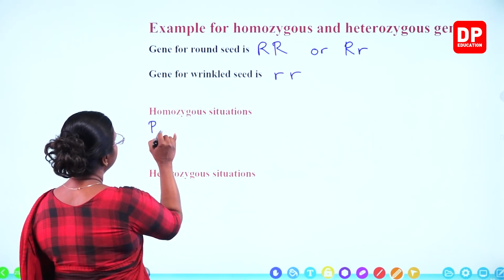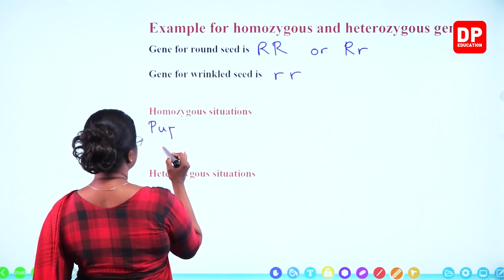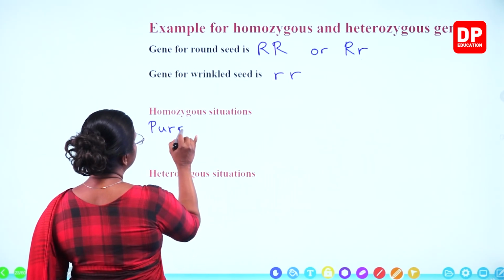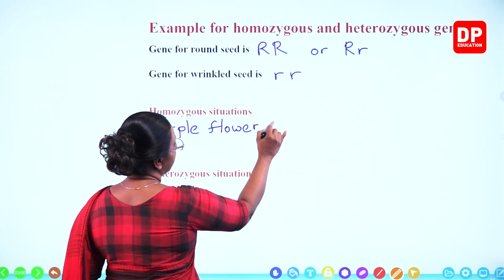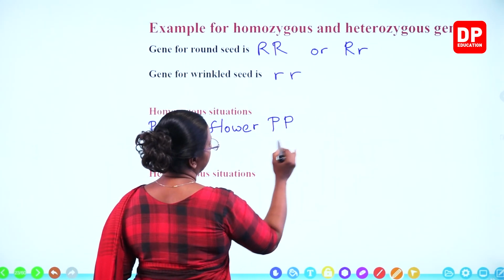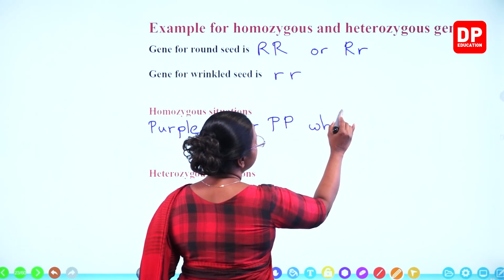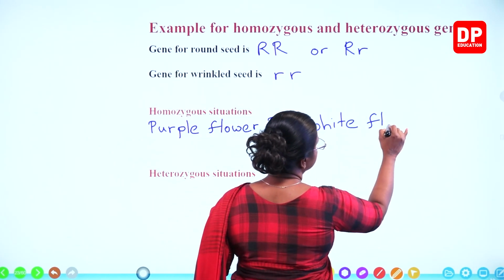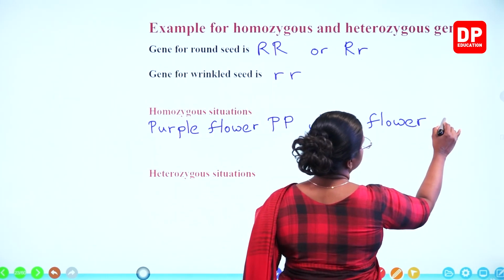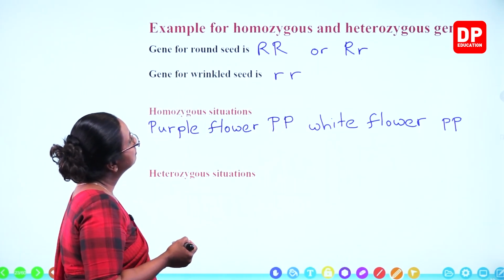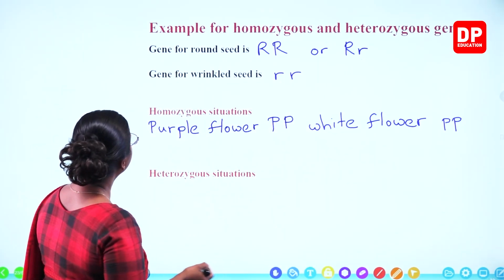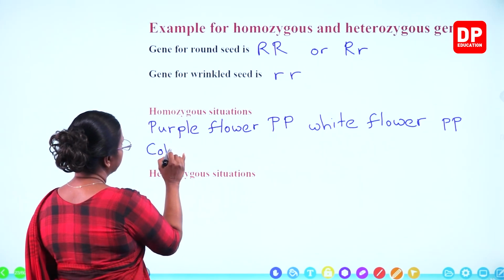So here, homozygous situations. If we look at different examples, like I discussed before, we can say purple flower, capital P. Then white flower, small p. You can even take the color of pod.